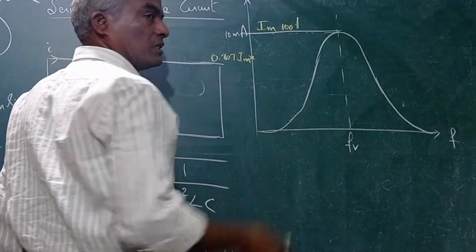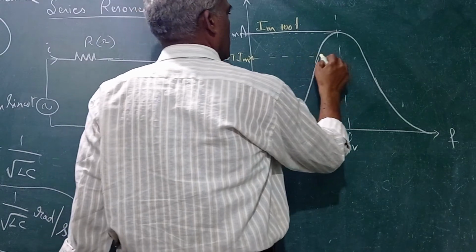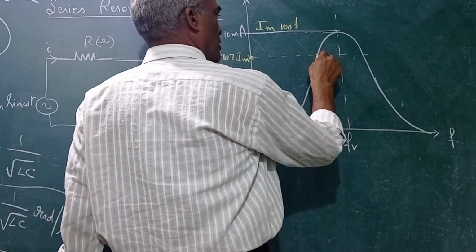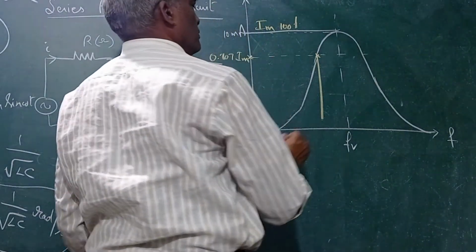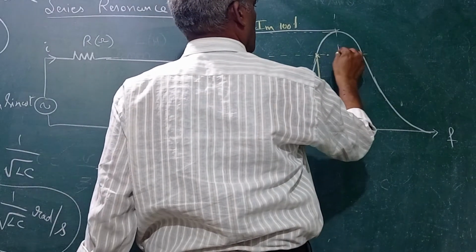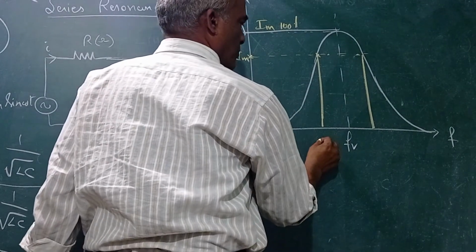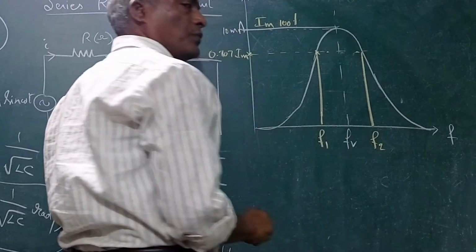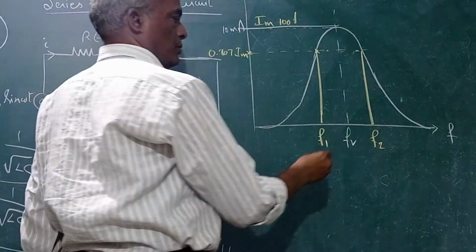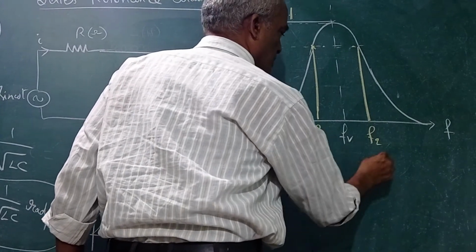So just drop a line. It will touch one point, you drop a vertical line, and then this line. So this I am calling F1 and this F2. Now this is resonant frequency FR. So F2 minus F1 is termed as the bandwidth.